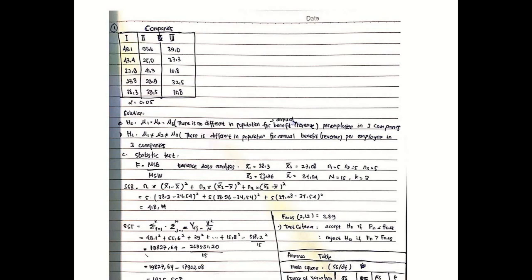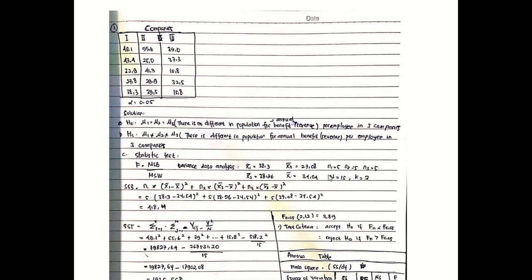From the data, X1 bar is 83.3, X2 bar is 83.26, X3 bar is 27.08, and the overall mean of the data, X bar, is 34.54.